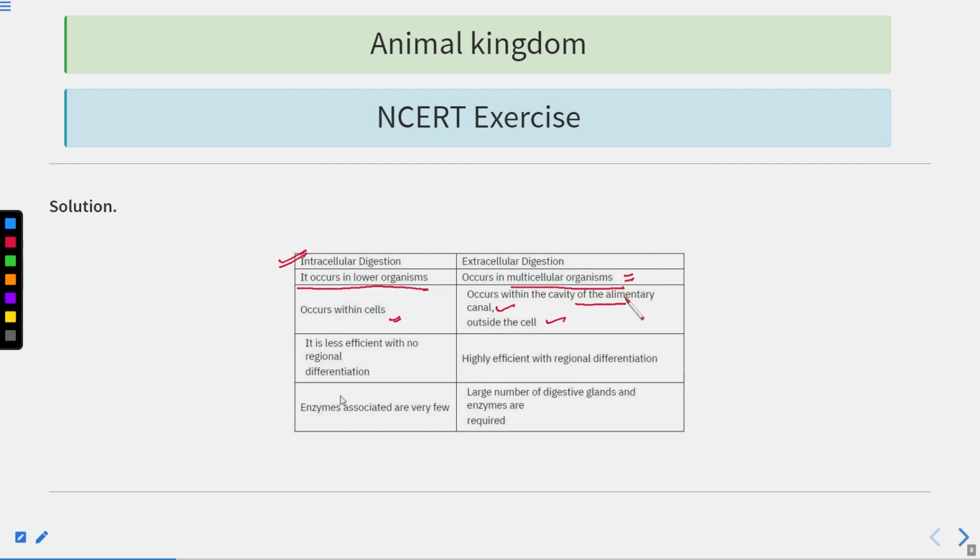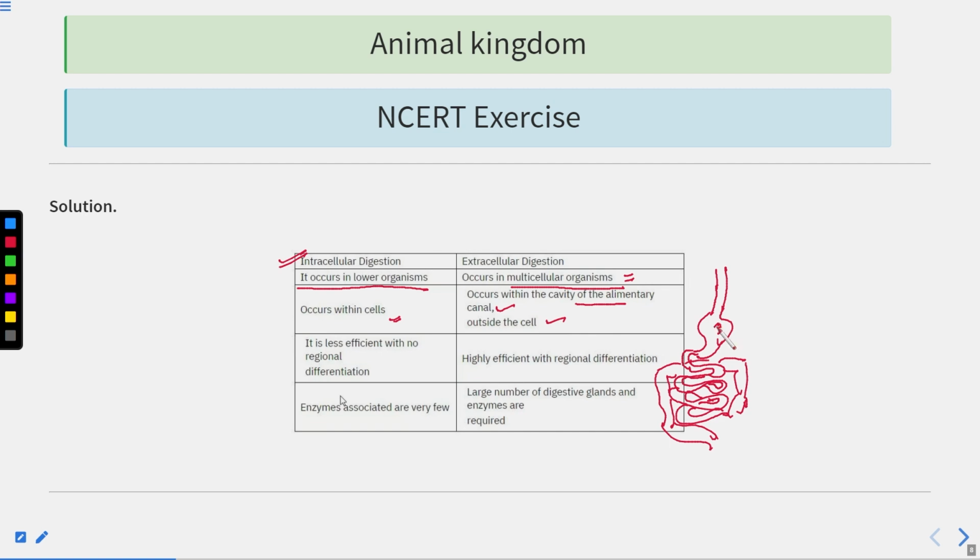In the case of humans also, you see they have the oesophagus, then stomach, then small intestine, right? And where does major digestion occur? In the small intestine. Then comes the large intestine. So here what happened? The digestive juices are secreted inside the stomach.